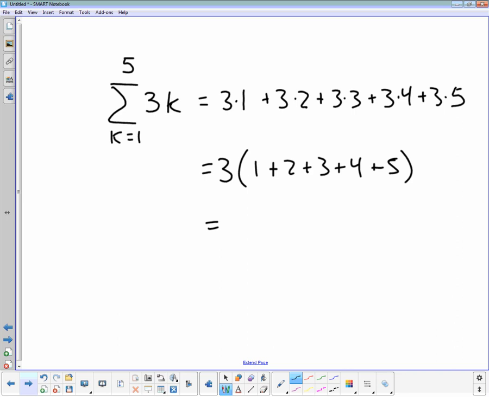Now this is the sum of my k's, right? So if I have a constant, I can pull a constant out in front of a sigma notation. That was one of the properties of sigma notation. Constants can get factored out, as long as these things don't contain k, which changes each time.